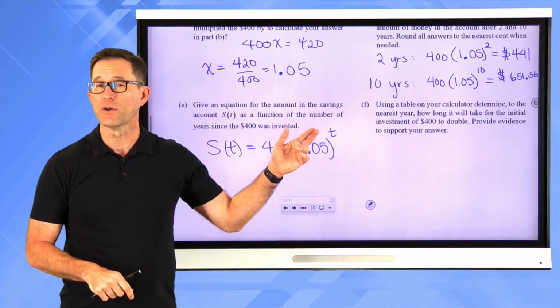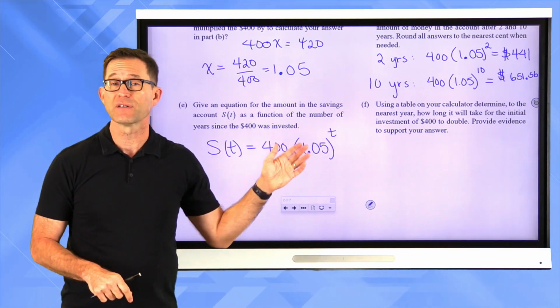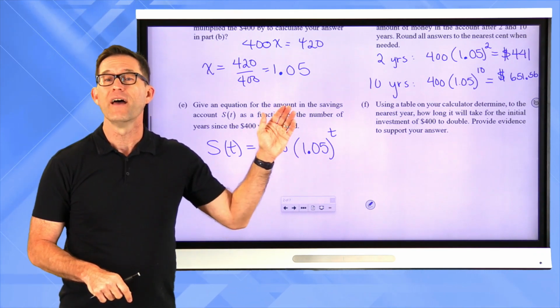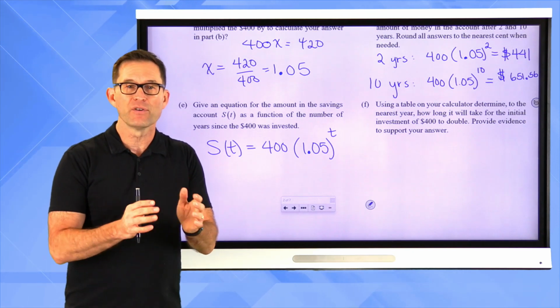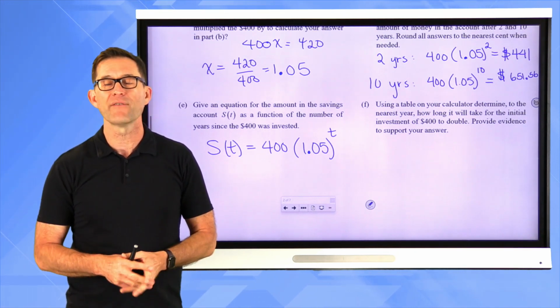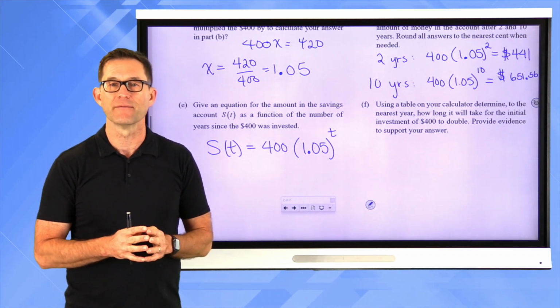So after 2 years, I've gotten to multiply my 400 twice. After 10 years, I've gotten to multiply my 400 10 times by the number 1.05. Every time I multiply by 1.05, I increase what I had the previous year by 5%.